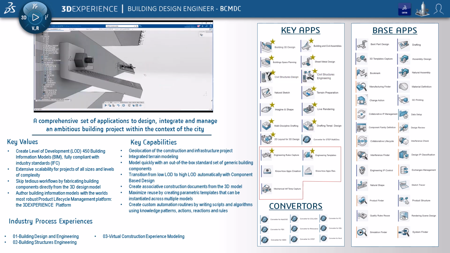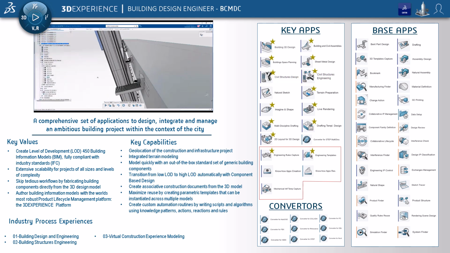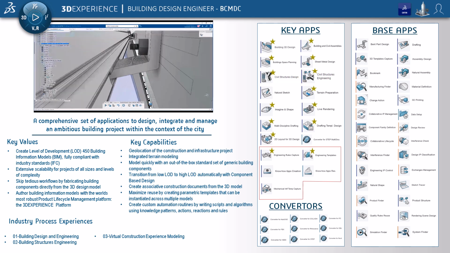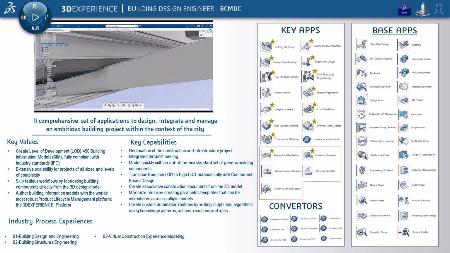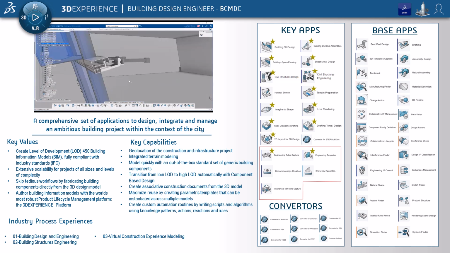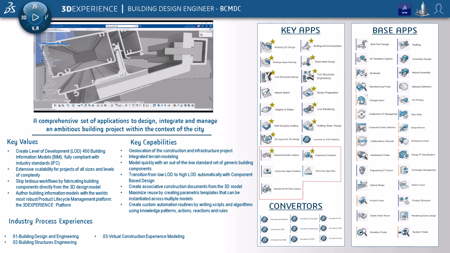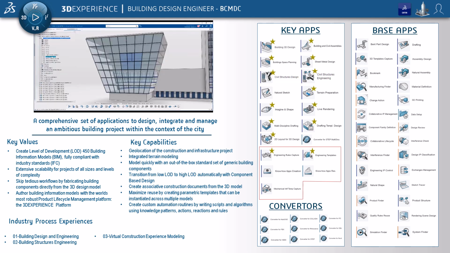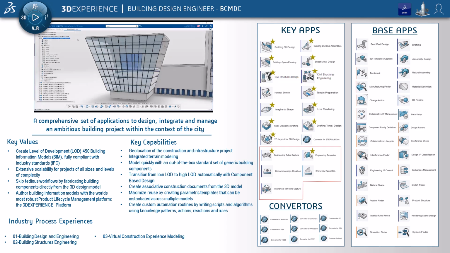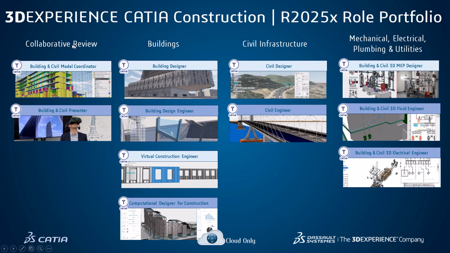They have much the same packaging, much the same applications. It's just a matter of going one step further in the design and engineering process to include advanced scripting capabilities for the building design engineer to differentiate it from the building designer. So those are the 2 key roles as an introduction to the role portfolio for construction.